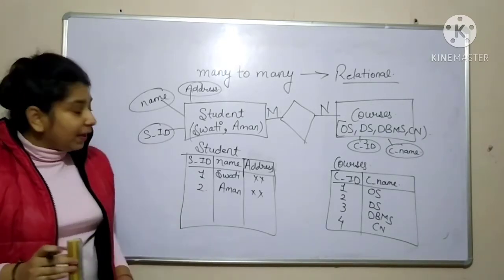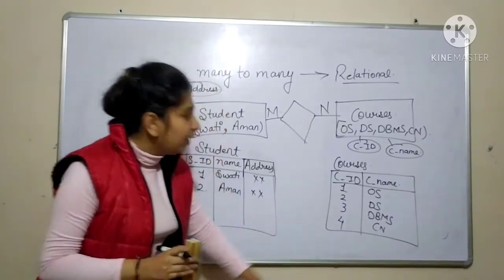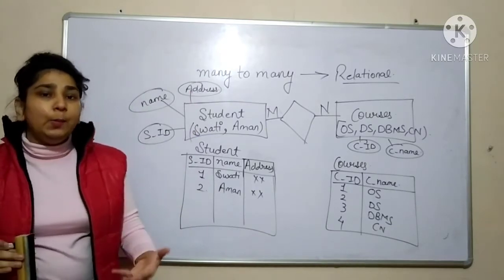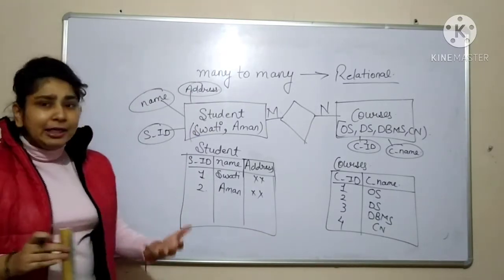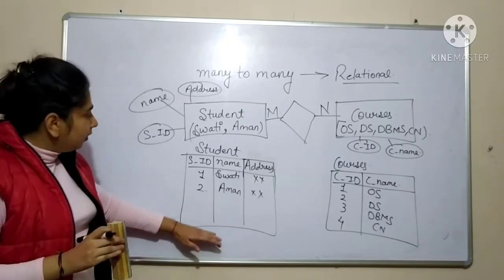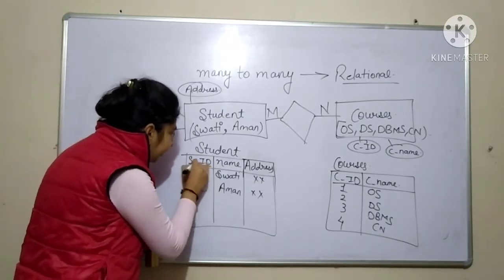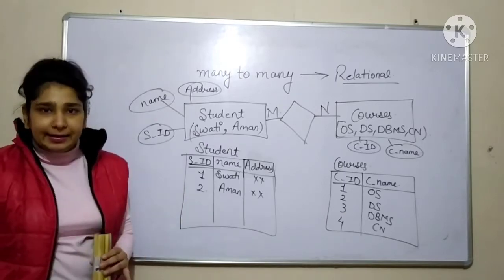So if we have to define the relationship between these 2 tables, definitely we should have one common attribute, and that common attribute should be the primary key of the other table. The primary key of this student table is student ID.